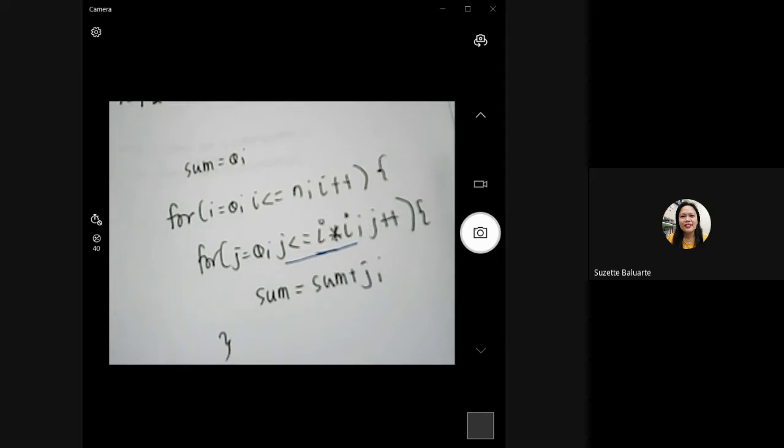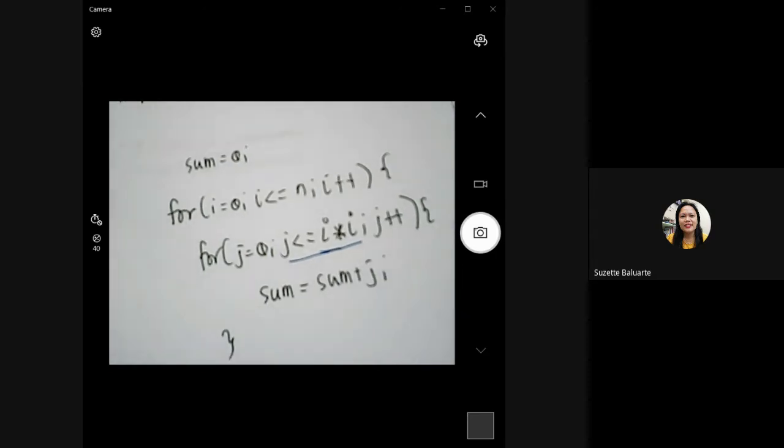Picturean ra ninyo inyong solution para mapass niyo sa LMS. So, I'll give you 10 to 15 minutes to solve for that.